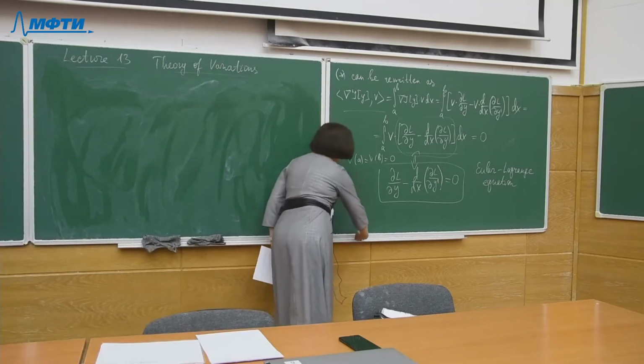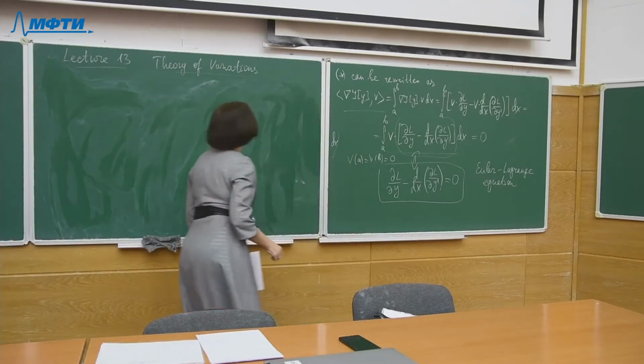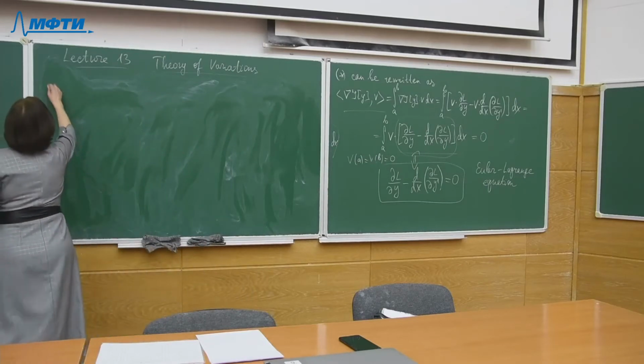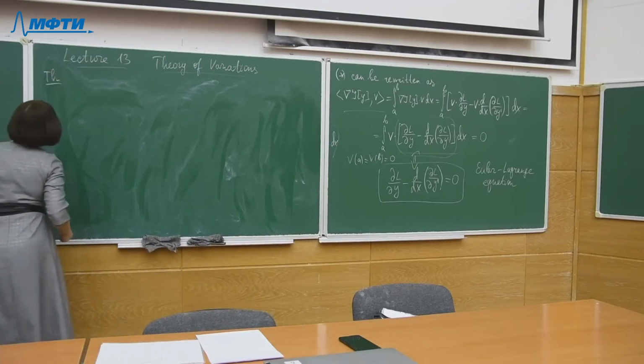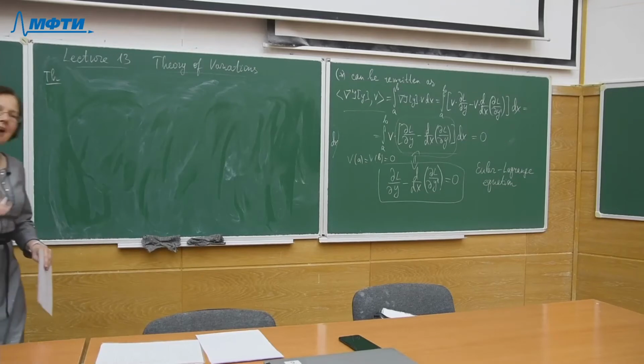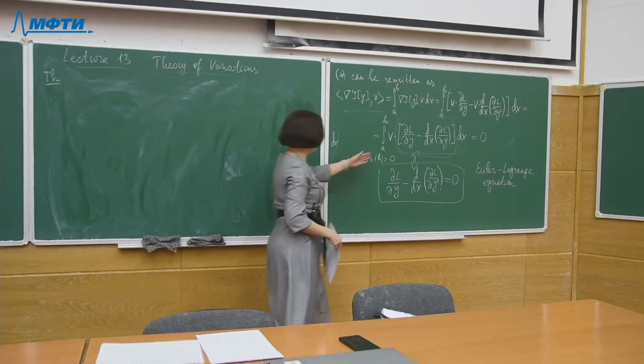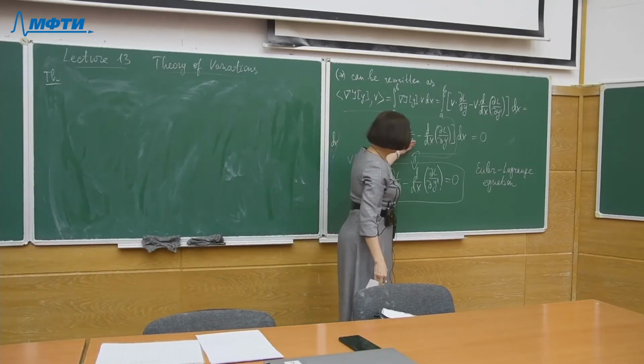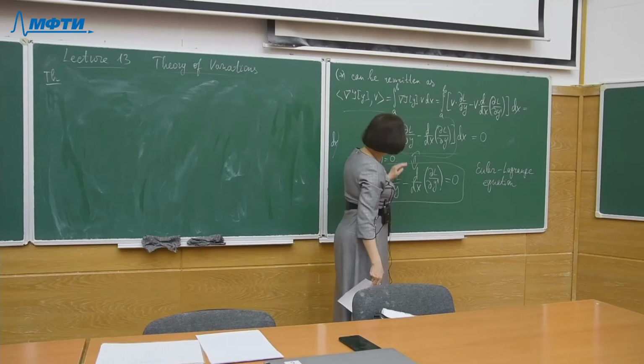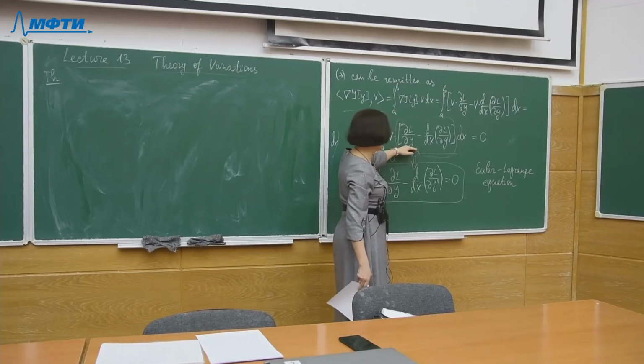Okay, so we have proved the theorem. I will formulate it, but we have omitted some complicated facts, the reasoning that allows us to obtain this equation from this statement.